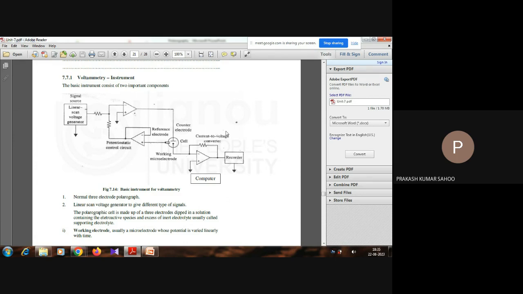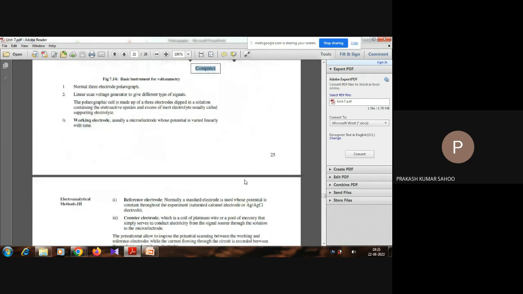Then there is a current to voltage converter here. After that it is the computer, in a digital instrument, where the converter puts out a plot, and we have the recorder at the end.